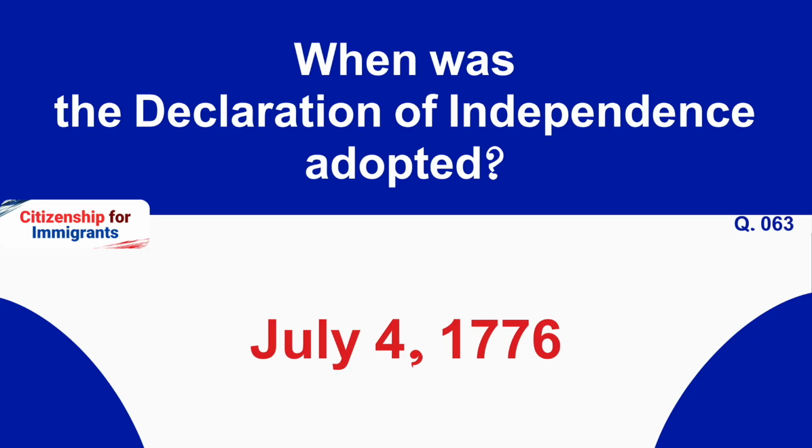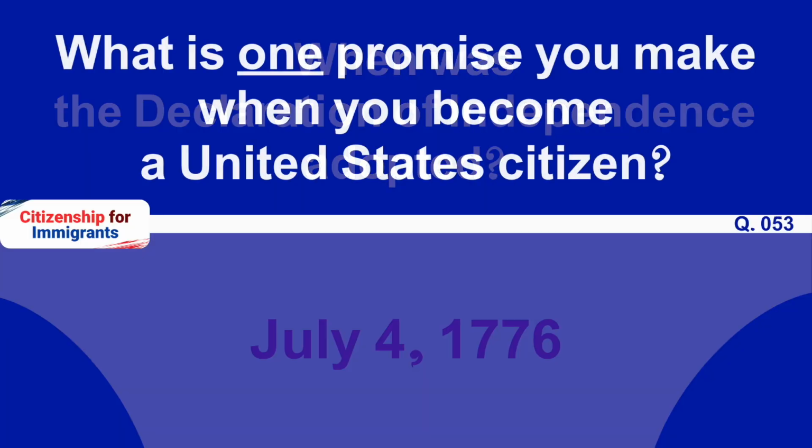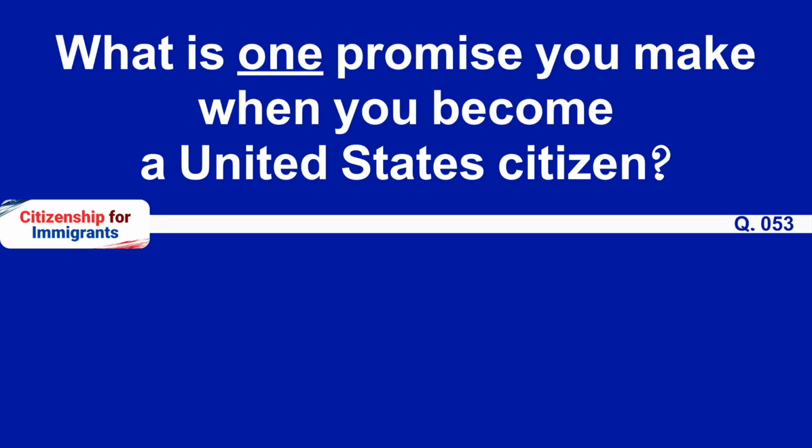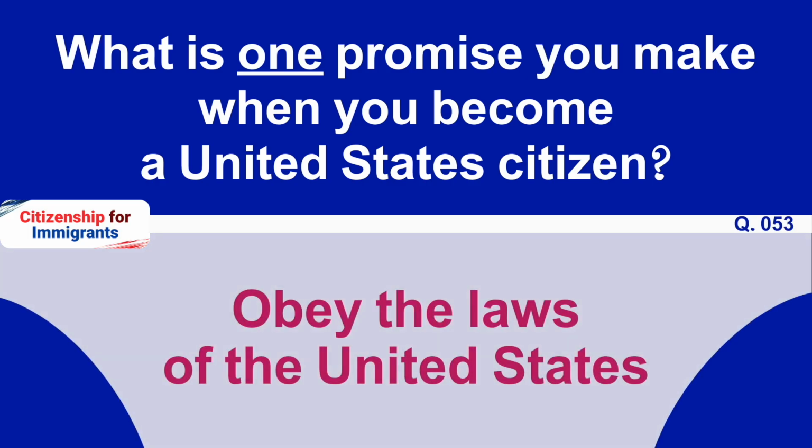July 4, 1776. What is one promise you make when you become a United States citizen? Obey the laws of the United States.